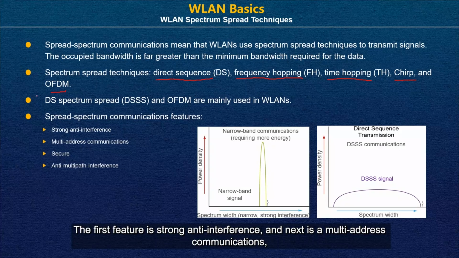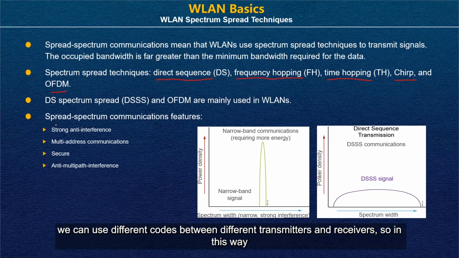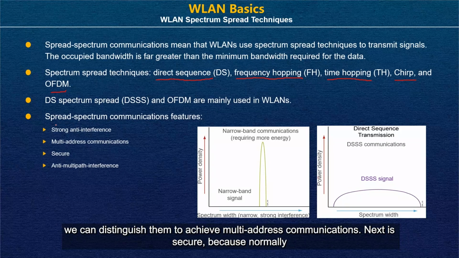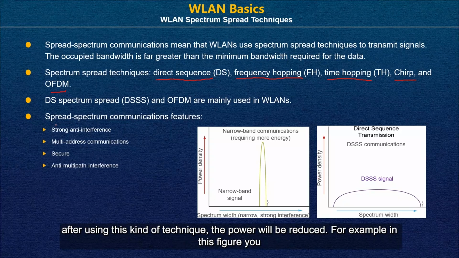The first feature is strong anti-interference. And next is multi-address communications. We can use different codes between different transmitters and receivers. So in this way, we can distinguish them to achieve multi-address communications. Next is secure, because normally after using this kind of techniques, the power will be reduced.